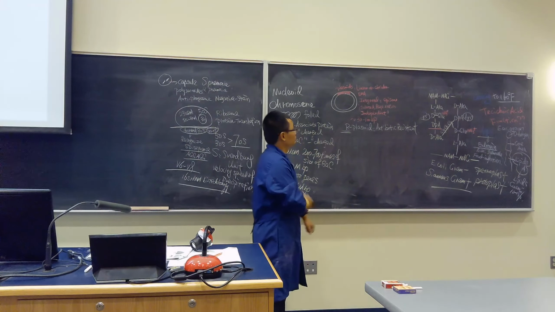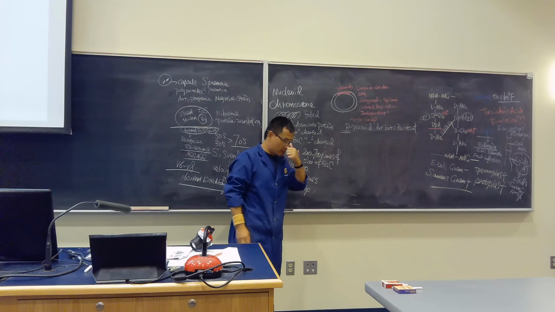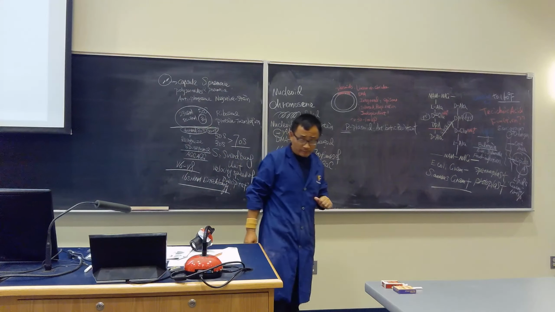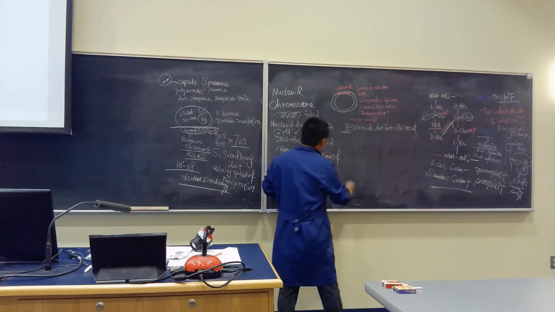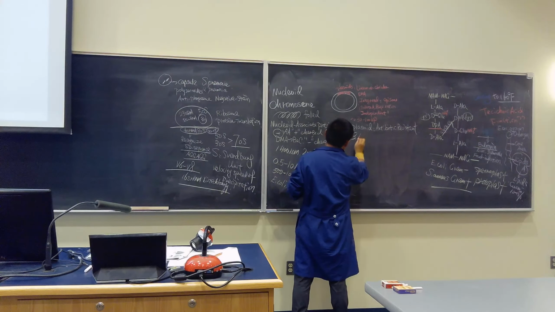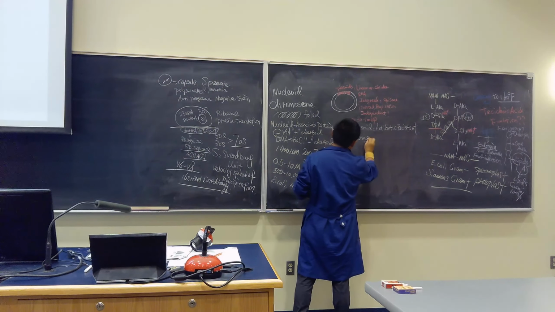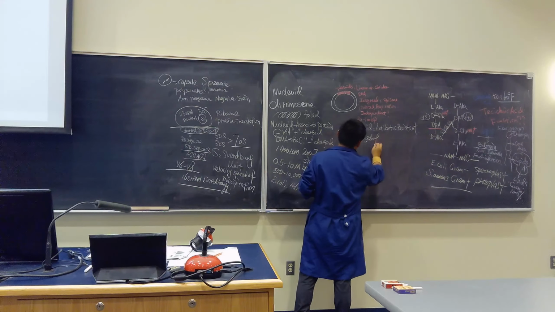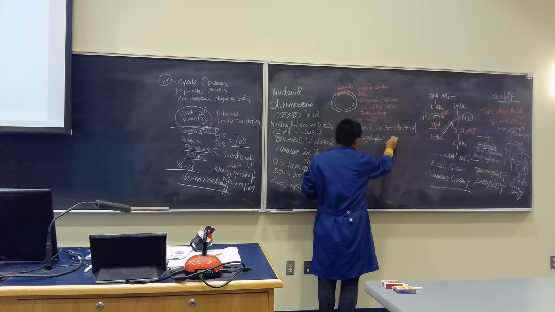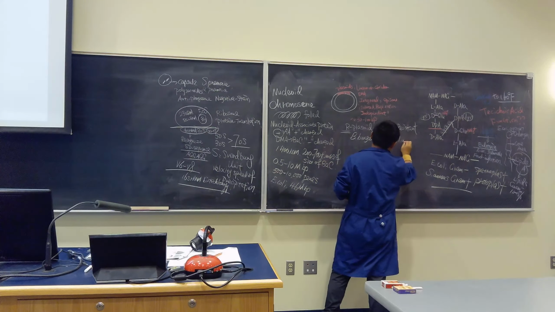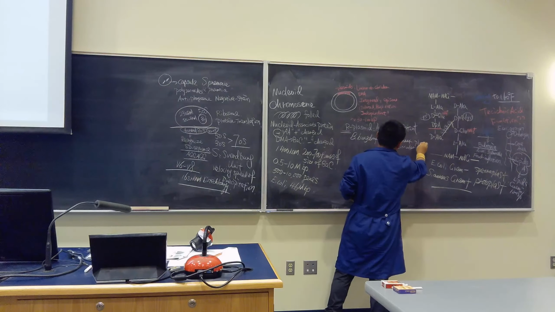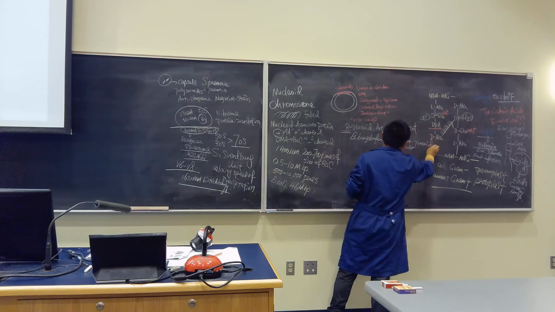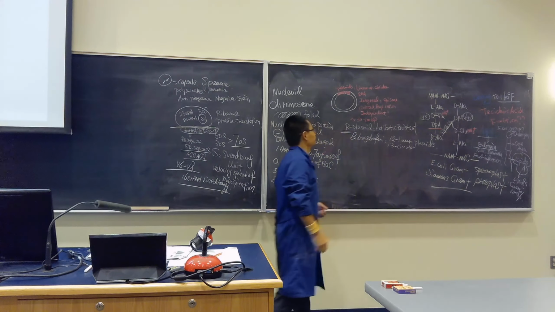Okay? Plasmids, I mentioned, could be circular or linear. It really depends on the different bacteria. So Borrelia burgdorferi has 12 linear and 13 circular plasmids. So it really depends on the different bacterial construction.